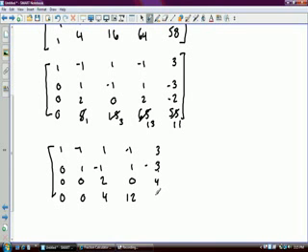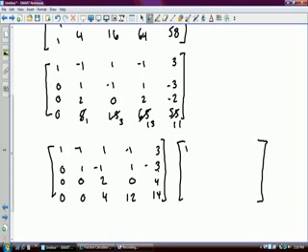Positive 4, positive 3, and 11 is 14. Which means the last one is pretty easy. I might even be able to slide it right in here. Got a 1, a negative 1, a 1, a negative 1, and a 3.